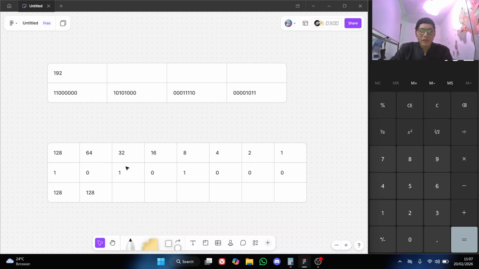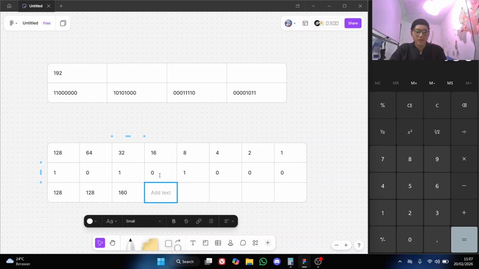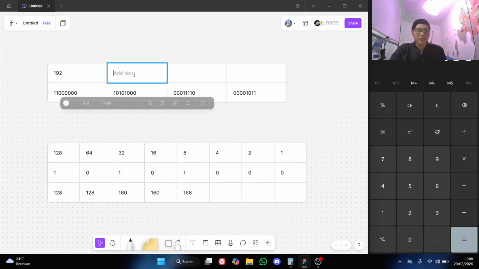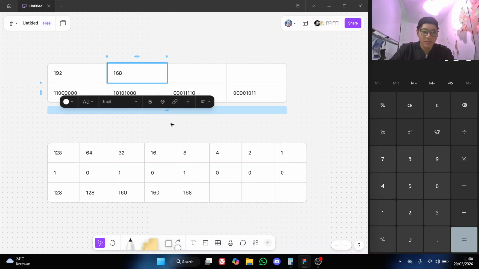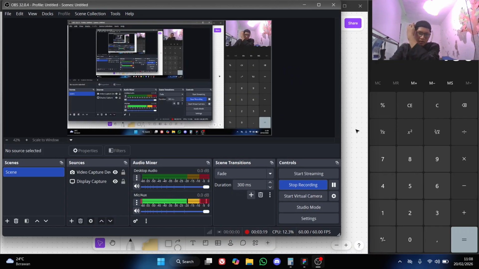And then we have 32, and because it's 1, it's 128 plus 32, which is 160. Then the next is 0, so we keep 160. And then the next is 1, so it's 168. And the rest are all 0. So it is 168. Okay, can you see the pattern? It's actually really easy.